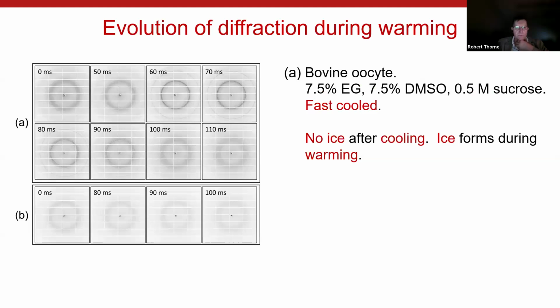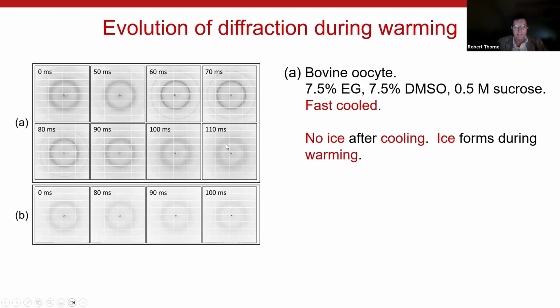Okay, so let's now look. Here's a case where we use 50% of the standard vitrification solution in our soak, bovine oocyte, and we use the fast cooling protocol. This sample showed no detectable ice after cooling, but you can see that during warming, it does develop ice. In fact, the ice rings actually get pretty strong, even though it starts off with no ice.